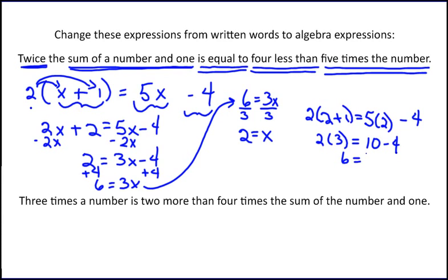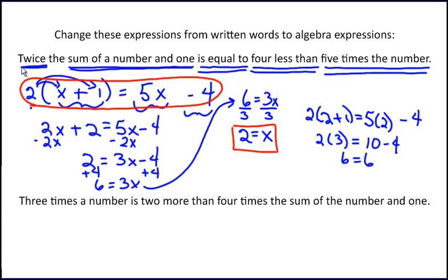Yes, it does. So we were asked to change the expression from written words to algebra, and this is what we got out of that. Then we went ahead and we solved the problem, the equation, and got an answer, and here was the check.